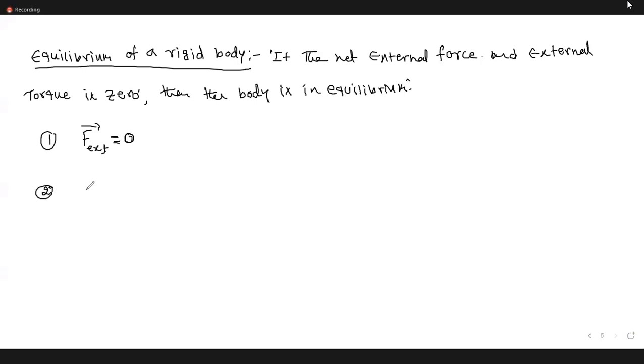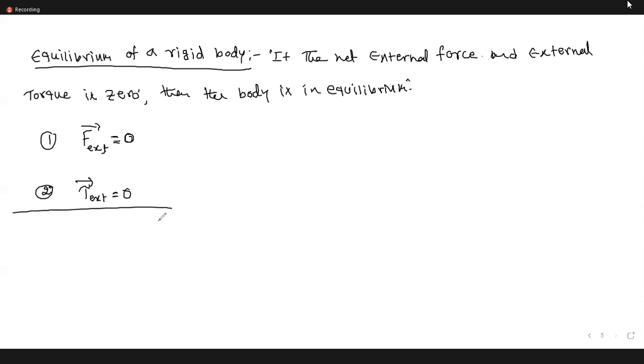Second condition, tau external also 0. If these two are satisfied, then we say that it is in equilibrium, in all directions: along the x axis, y axis and z axis. So this is called equilibrium of the rigid body.